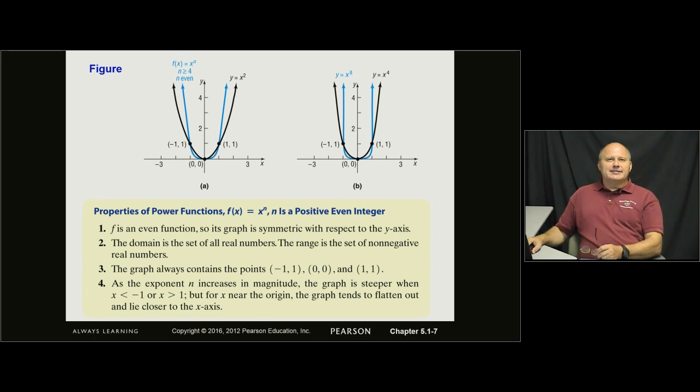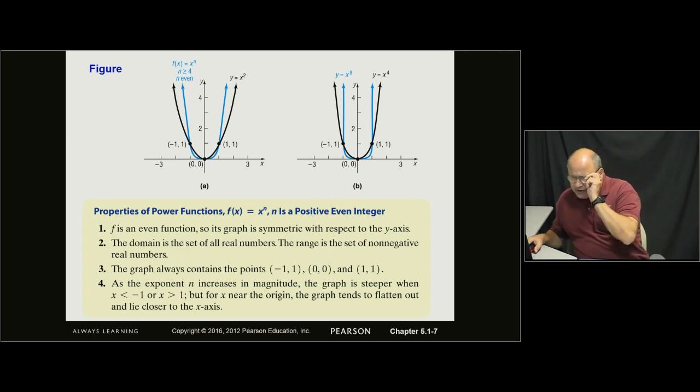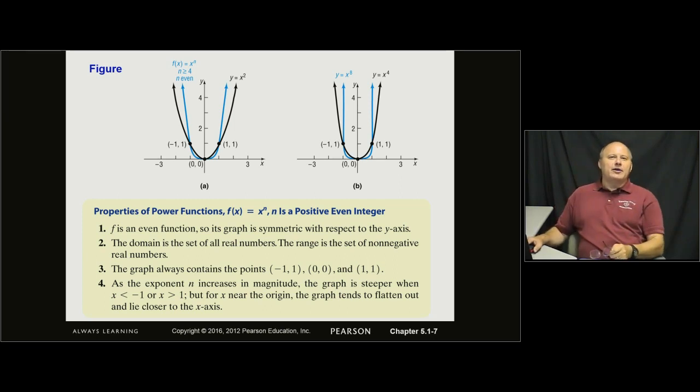So let's look at some power functions. We have the first one. It's f of x equals x to the n when n is even and greater than or equal to 2. If you look at the first one, it's y equals x squared, the black one, and then look at x to the fourth. And then look at the second graph. The x to the fourth is there, and then look at x to the eighth.